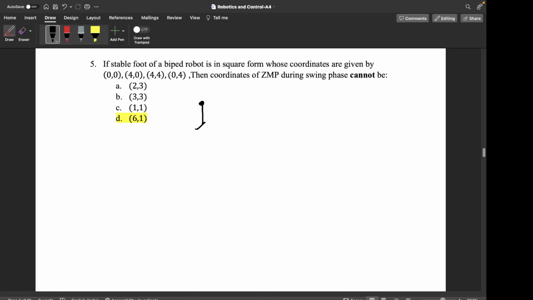So let's say there is a biped here and it has square feet basically, right? So the coordinates of the foot are given. So let's draw that foot on a Cartesian plane.